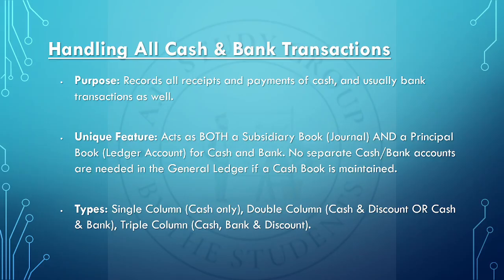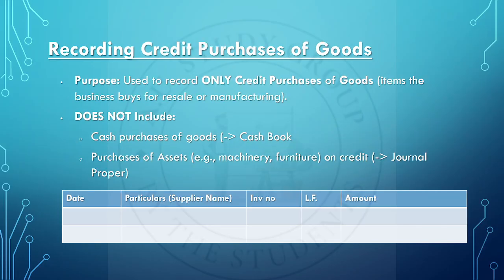Okay, now let's go for the purchase book. In the purchase book there is only credit purchase. The main purpose is only to record credit purchase of goods, not of any assets.